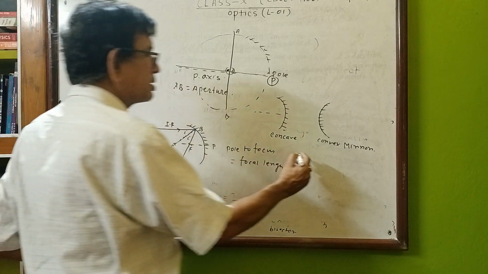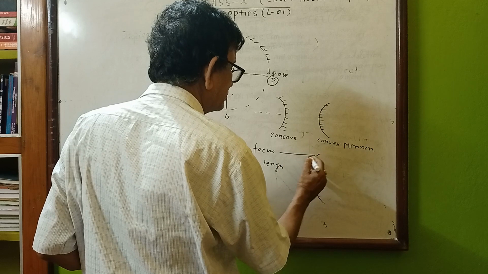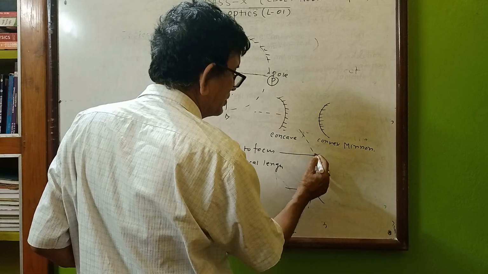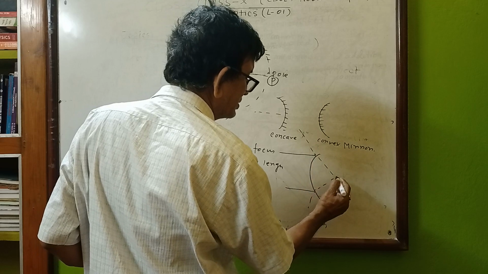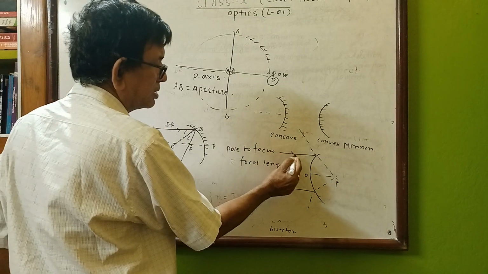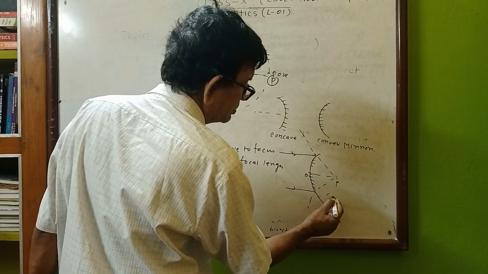Similarly for a convex mirror, parallel rays after reflection diverge and appear to come from a point on the principal axis, that is the focus. Clear? Remember, this is the convex mirror.